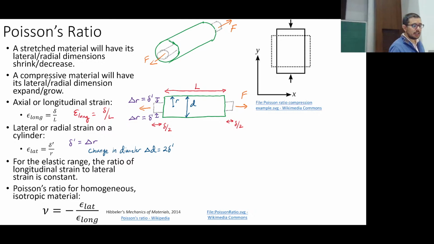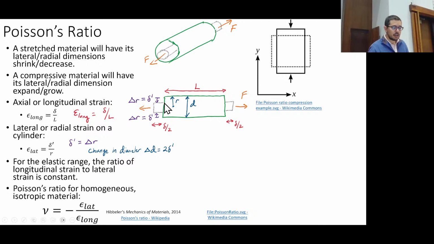What we're saying is you're going to have some change in the radius, for example. It's gotten smaller. It originally had a radius of r, and now we're going to have r minus delta r for the new radius.